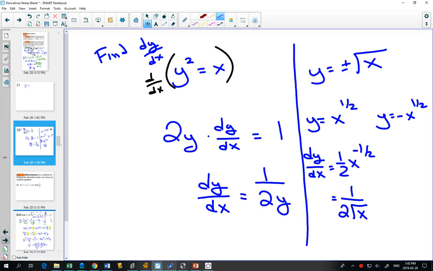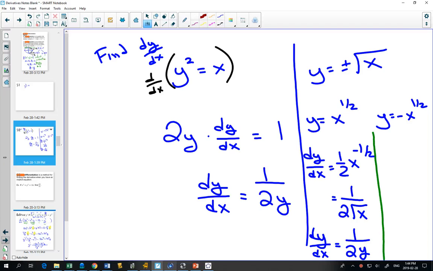The square root of x was the same as what I started with, which was y. And so this equation, using the actual solving for y, works out. It works out for this half.